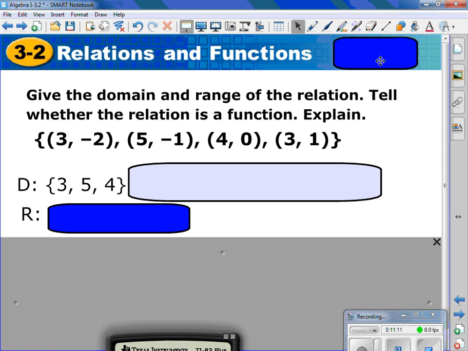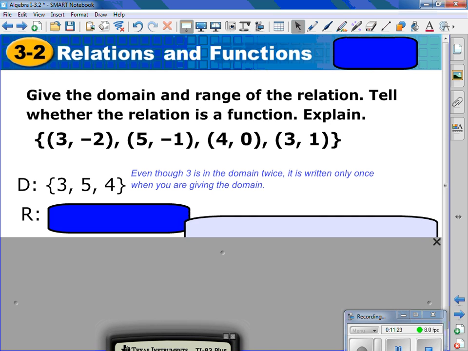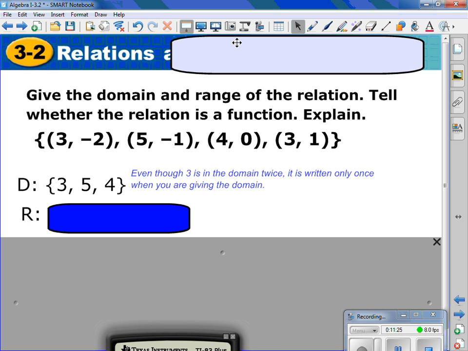If you write the repeaters, that's fine. If you don't, you don't. If you put them in order, that's fine. Even though 3 is written in the domain twice, we only write it once when you're given the domain. It makes it a lot easier if you cut out all the repeaters. Plus, it helps me on this part.